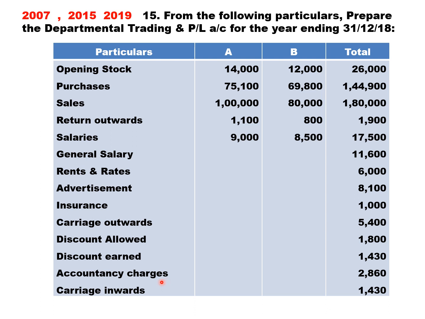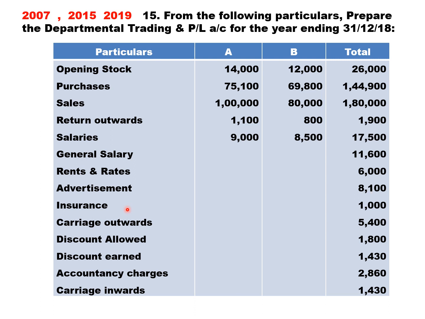Students, in this problem, general salary has to be distributed equally as mentioned in adjustment number 2. Rent and rates should be distributed on the basis of area occupied given in adjustment number 3. Advertisement should be distributed in the ratio of sales.